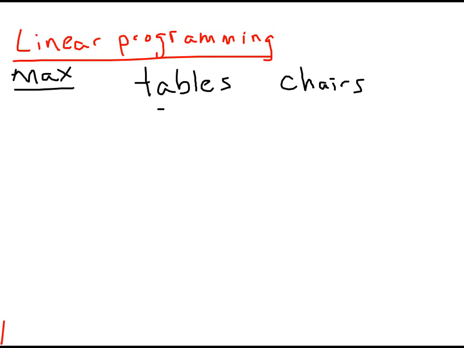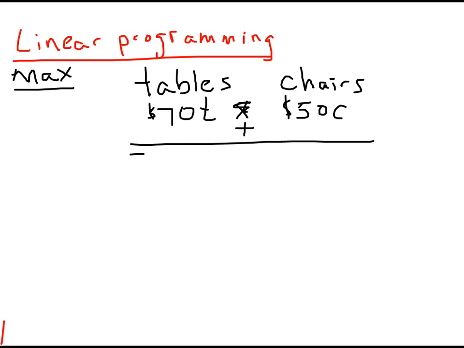We know that each table is going to produce $70 in profit, and each chair is going to produce $50 in profit. So I would set up my profit. I'm going to let T equal tables. So 70T plus 50C equals my profit.